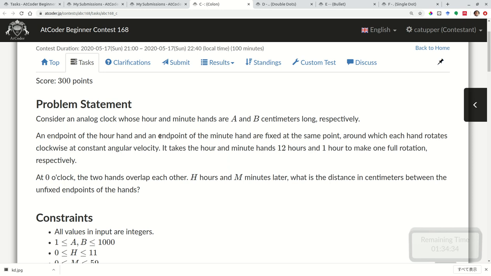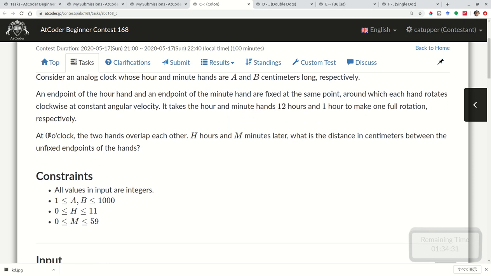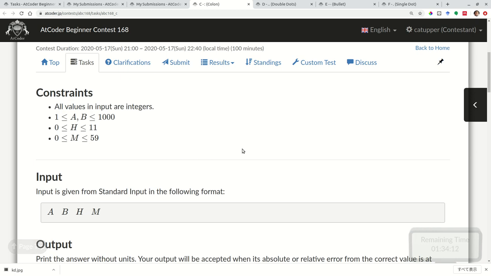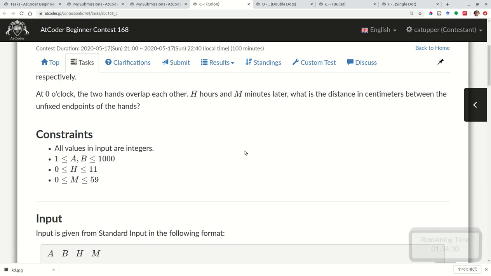It's the ordinary clock. At 0 o'clock, the two hands overlap each other. H hours and M minutes later, what is the distance in centimeters between the unfixed endpoints of the hands? Okay, so just calculate the coordinates of the unfixed endpoints, and just take the distance.